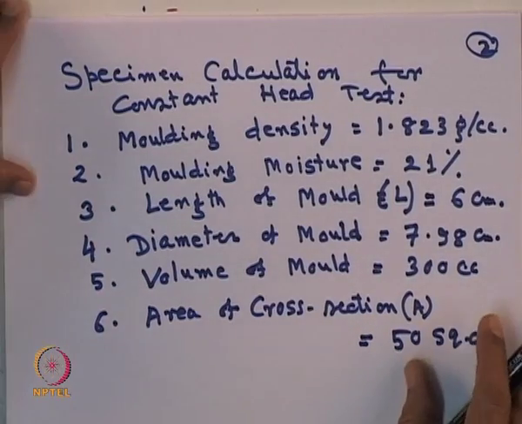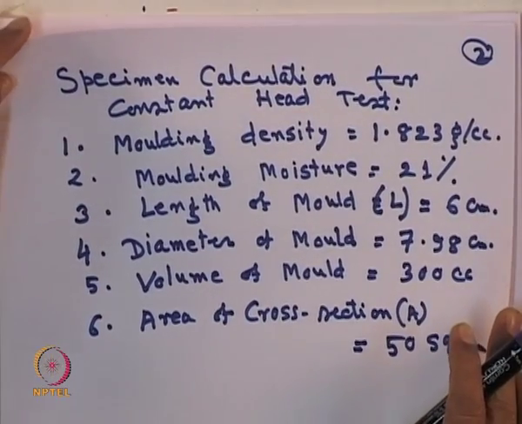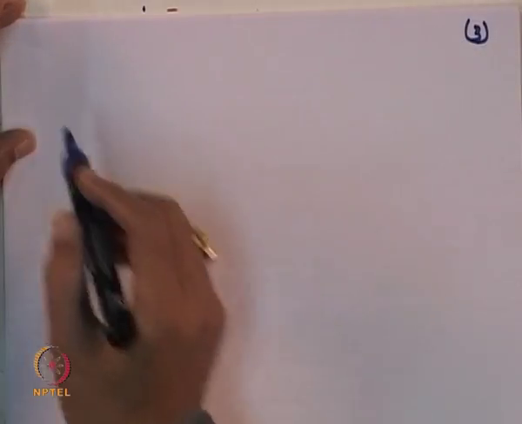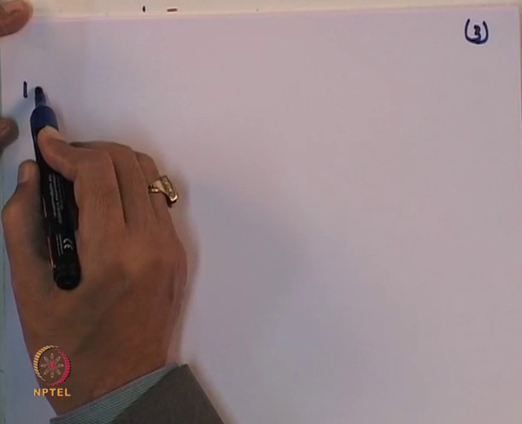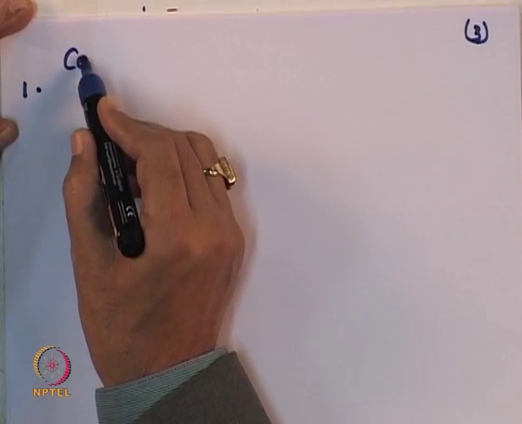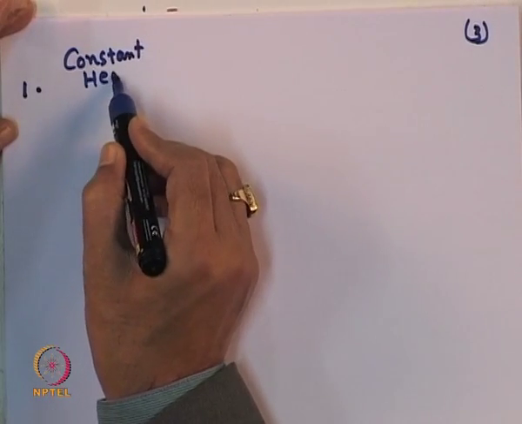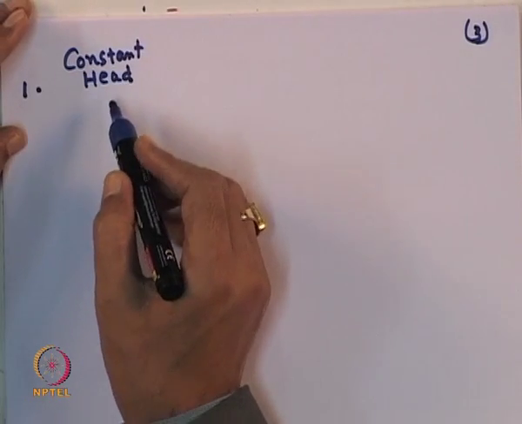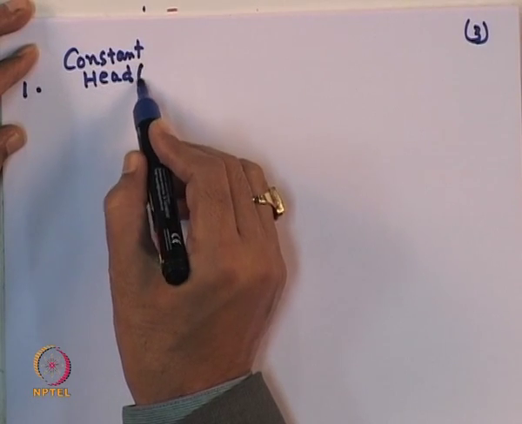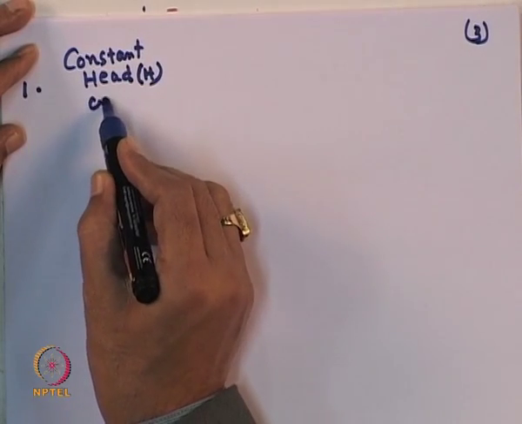Now how to calculate the coefficient of permeability? Let us say one serial number. You are taking the constant head, that is H, in centimeter.